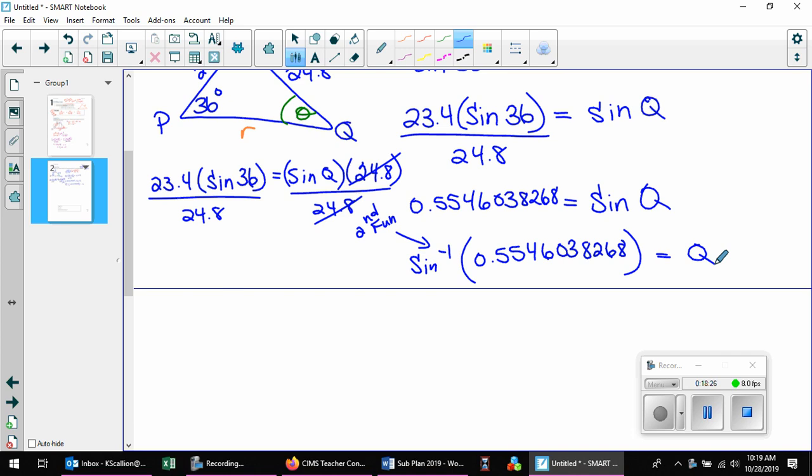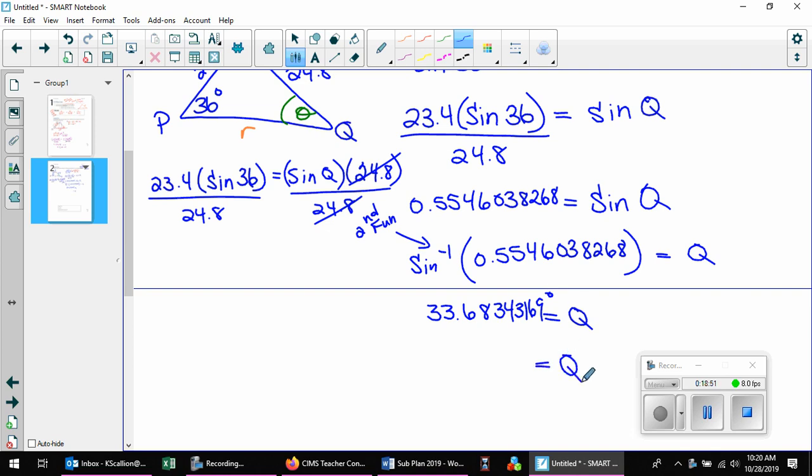It's very cool when it all clicks and makes sense. And this would be 33.68343169, and that's in degrees.